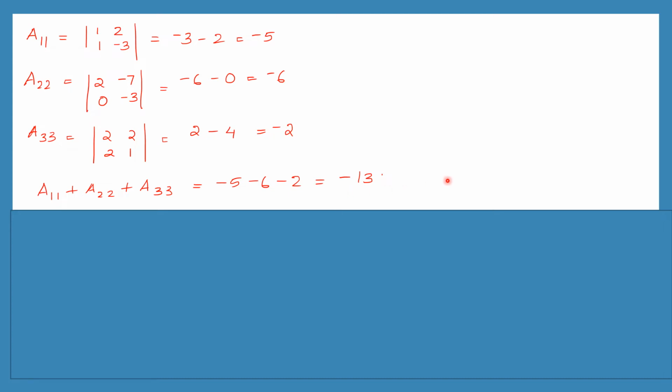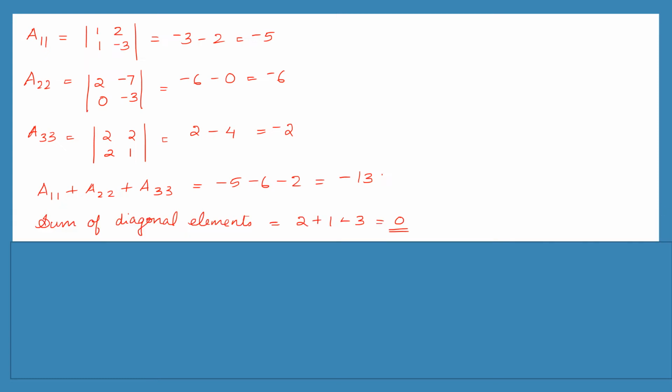Now in the next step, we have to obtain the sum of diagonal elements. Here the diagonal elements are 2, 1 and minus 3. So 2 plus 1, 3, 3 minus 3, 0. So the sum of diagonal elements is 0. So we have the 0 coefficient for lambda square. Now we can write the characteristic equation.